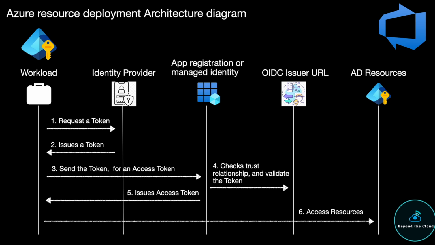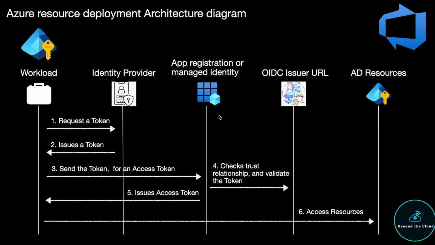So I tried my best to explain how the application registration works and how the trust works both ways, with Azure DevOps on one side and the Azure portal on the other. Our pipeline will first request a token from DevOps, and then it will issue a token, and then send the token to our managed identity, in this case our application registration.